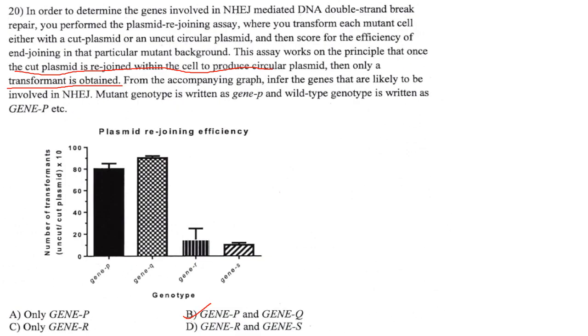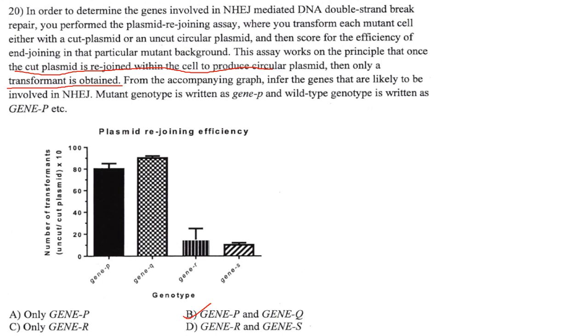The next one. In order to determine the genes involved in non-homologous end-joining mediated DNA double-strand break repair, you perform a plasmid rejoining assay where you transform each mutant cell either with a cut plasmid or an uncut circular plasmid and then score for the efficiency of end-joining in that particular mutant background.